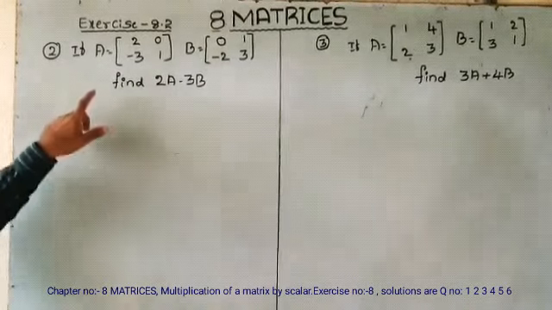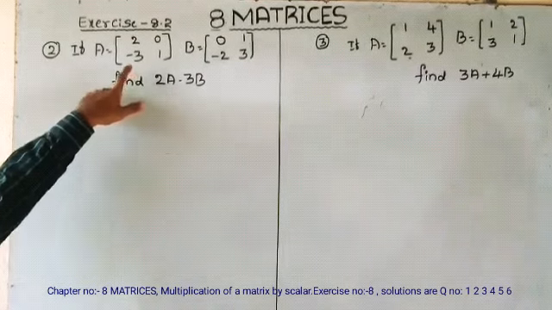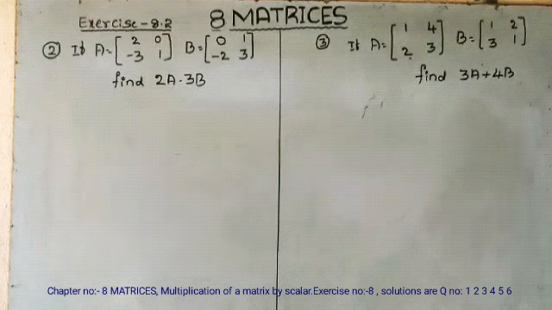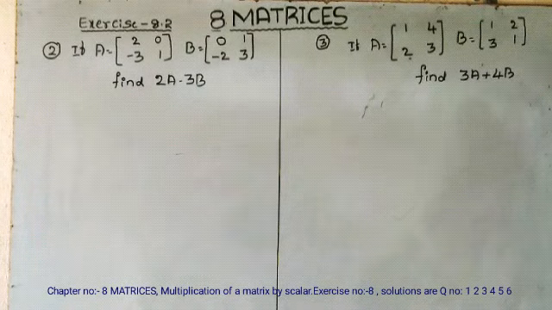The next question: if A is equal to 2, 0, minus 3, 1 and B is equal to 0, 1, minus 2, 3, find 2A minus 3B.